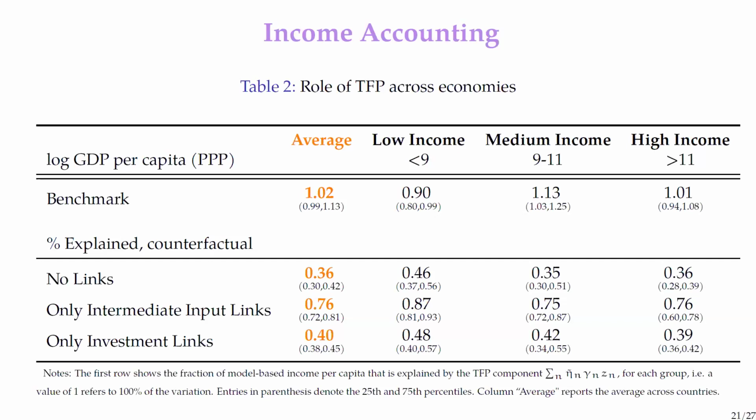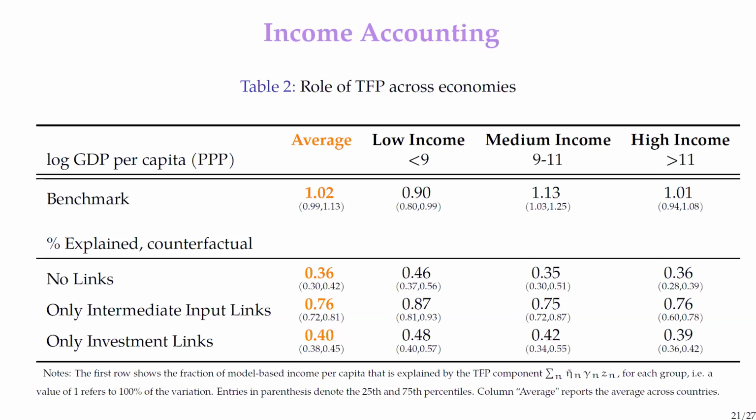Let us now consider an economy only with production linkages. In that case, we will explain 76% of the model-based income, which means that the input-output linkages explain 40% of the model-based income. And lastly, the remaining 24% must be explained by the investment network, either directly or indirectly through its interaction with the input-output network.